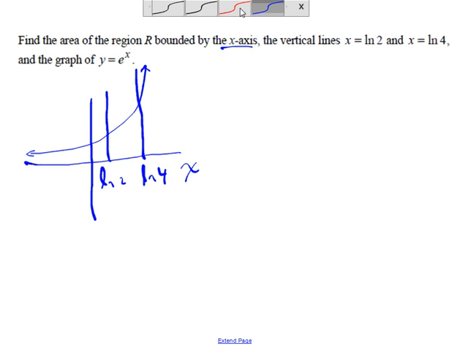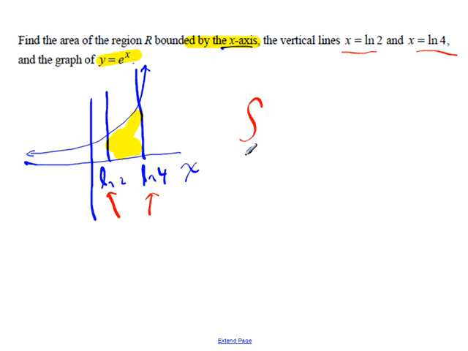So this is the area that we're talking about right in here. Because it's bounded by the x-axis and above by y equals e to the x, this is just a straight up definite integral problem. The vertical lines give me my limits. Here's my lower limit, here's my upper limit. So that area would be the integral from ln2 to ln4 of e to the x dx.